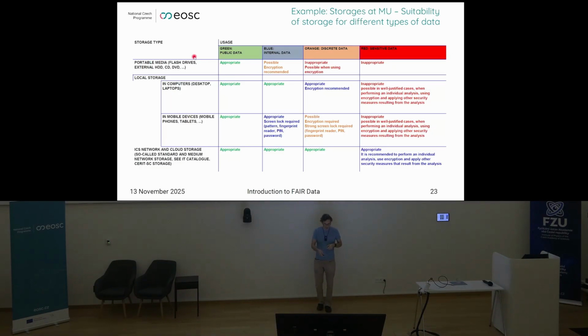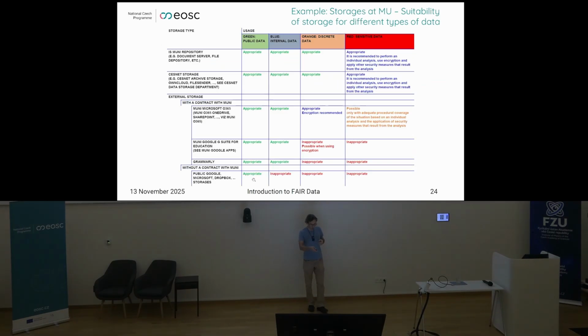Then we are describing storages in your computer, in your bag, your notebook, or workstation in your office. We also have some network storages, the central storage servers. We also have a reference for storages provided at the national level.